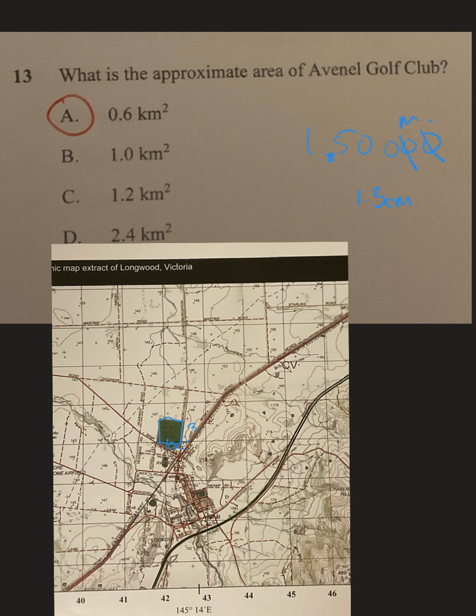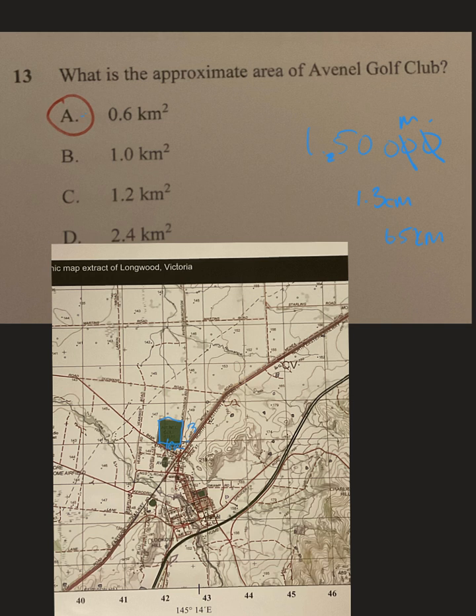Okay, so 1.3 centimeters, because this is not a 1-to-1, this is a half essentially. So that's 65.65, sorry, I just paused there for a second, kilometers squared. This is the closest answer to that.